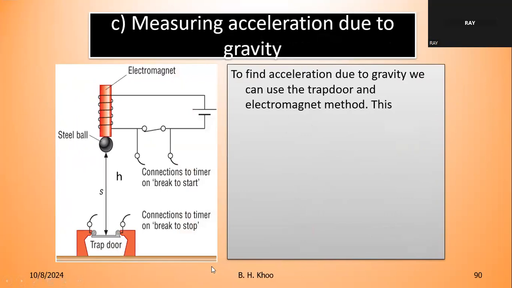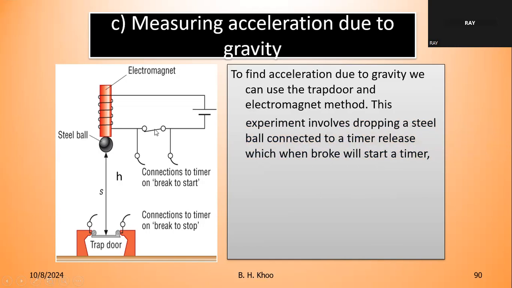Basically, to find acceleration of free fall, this is your cell, there's your switch, connected to a timer, and the trapdoor is also connected to a timer. When you open the switch, it's an open circuit, so the magnetism goes off and the ball drops.